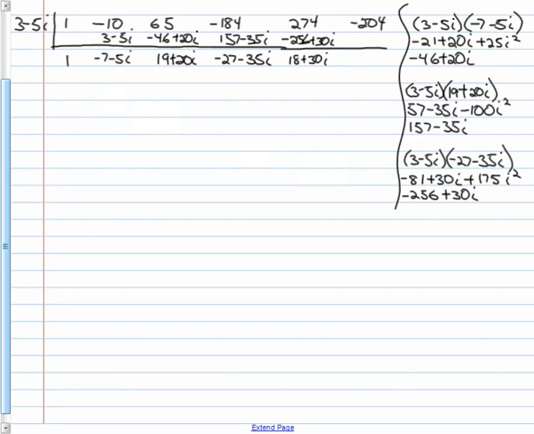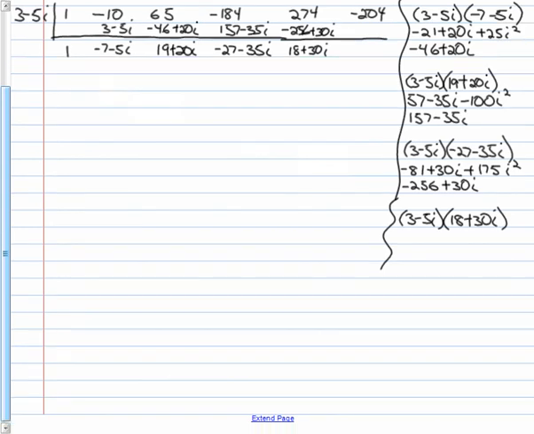We're down to our last multiplication. 3 minus 5i times, and yay is right, 18 plus 30i. 3 times 18, 54. Outside, 90i. Inside, what's 5 times 18?